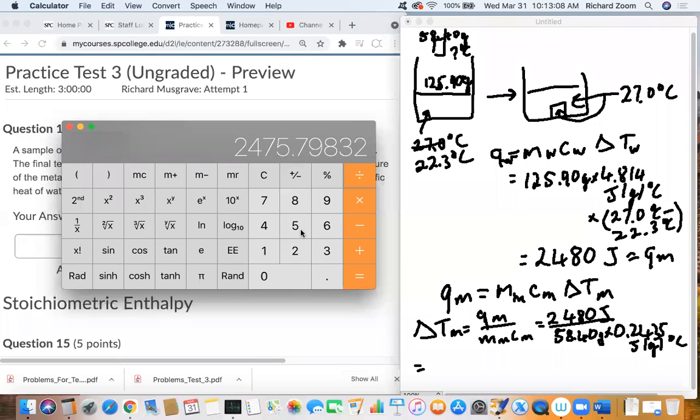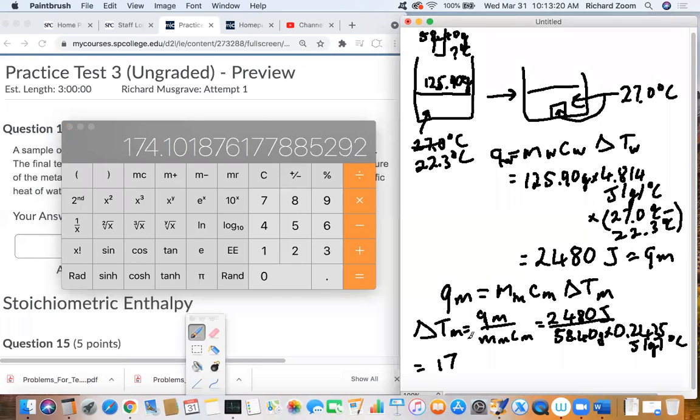Divide that by 58.4, divided by 0.2435. Okay, so it's 174.1. We'll go with 174 degrees. So that's the change in temperature of the metal.